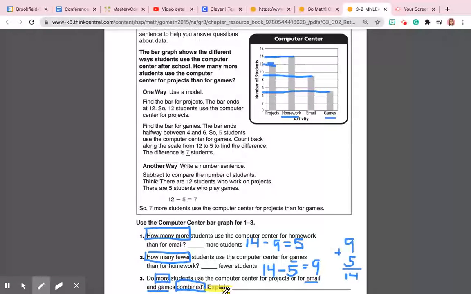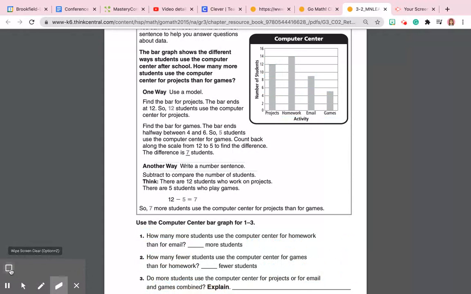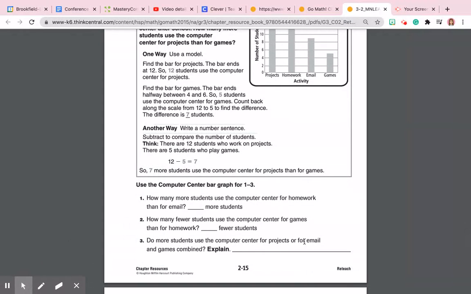So we know that the combined number of email and games is 14, and you know that 14 is bigger than 12. So that is a good way that you can explain how you know that the number of people that did the email and games combined is bigger than the number for projects. So then you will explain your answer down below on this magical line right here.